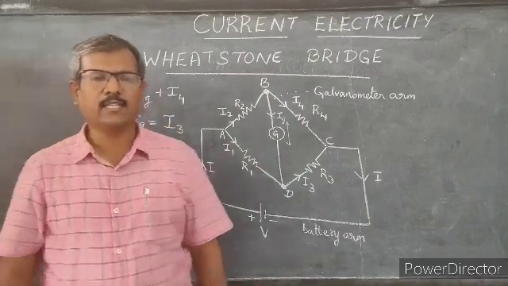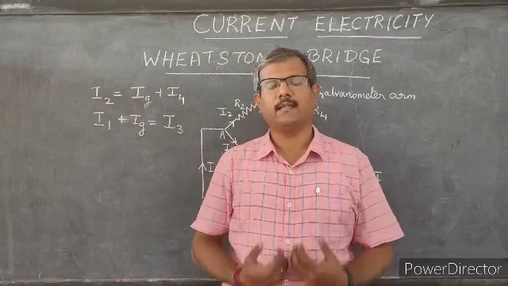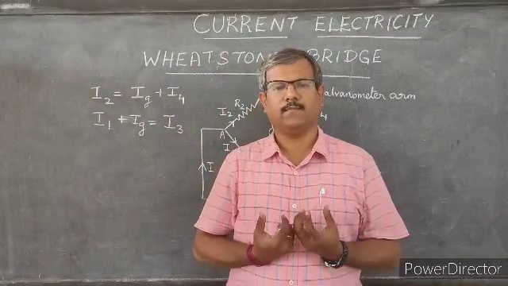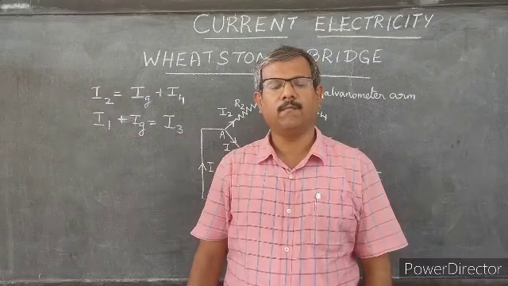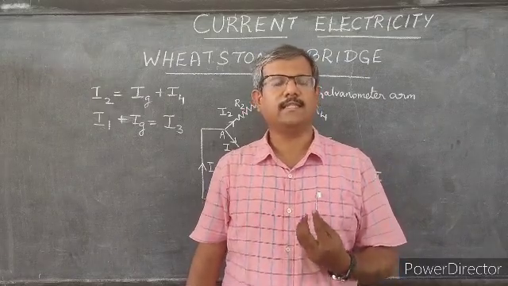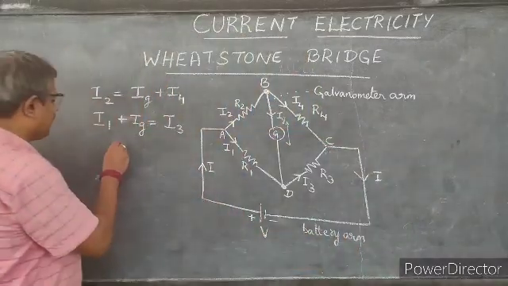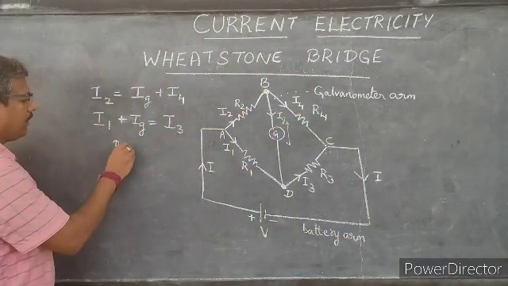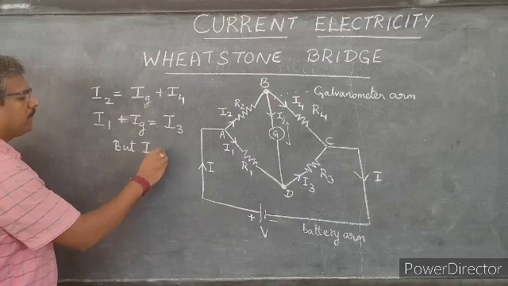But we started off our discussions by saying that the current flowing through the galvanometer arm is to be set in such a way that it is 0, which means I take Ig to be 0.